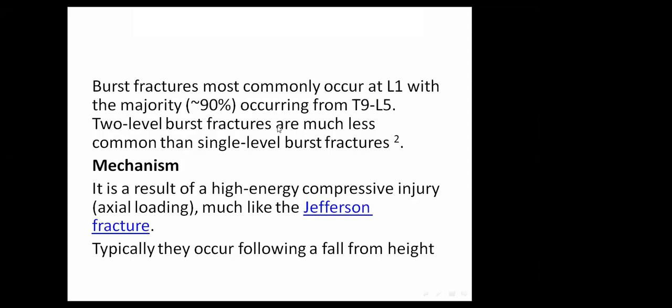Two-level burst fractures are much less common than single-level burst fractures. Mechanism: it is the result of a high-energy compression injury, exploding, much like the Jefferson fracture. Typically they follow from a high fall.